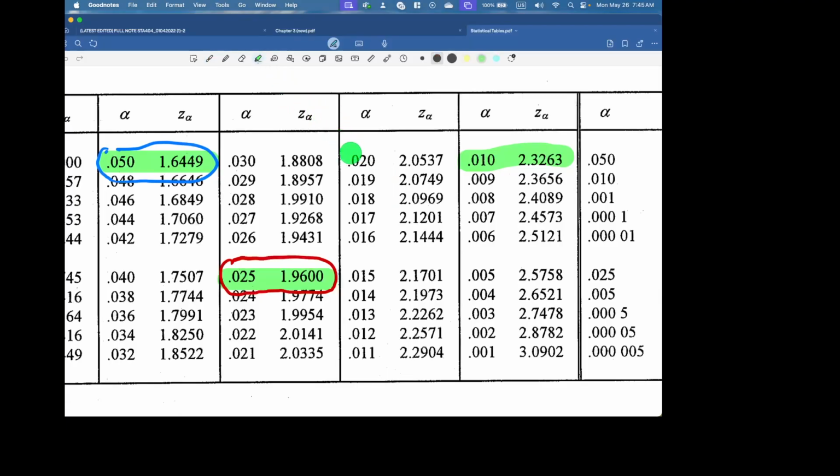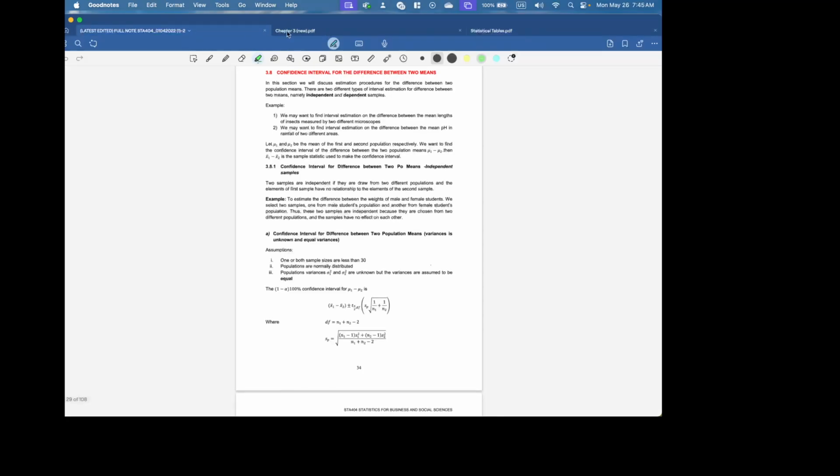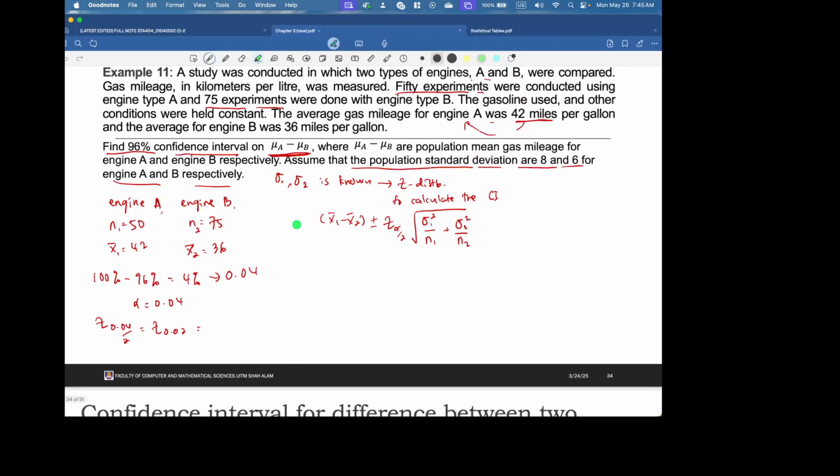This is the value that we will use: 2.0537, based on the table.